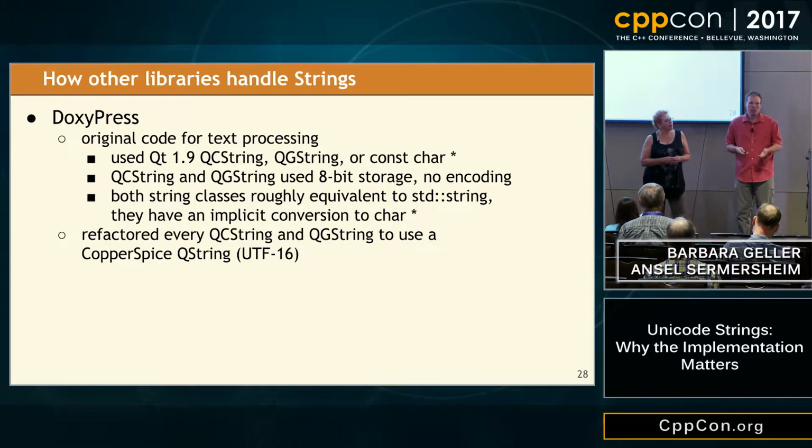They were basically giving you the same amount of support for strings as std::string does, which is to say, none. They just treat it as a bag of characters. So we went through and refactored all of this code to use the QString class from CopperSpice, which is UTF-16. And we figured that this would make a great improvement in the ability of DoxyPress to handle non-ASCII characters.